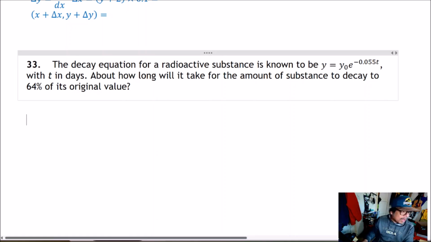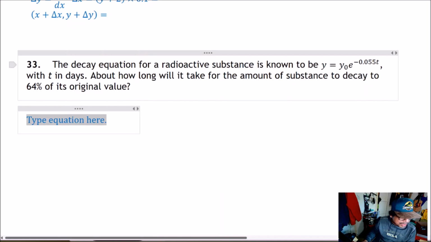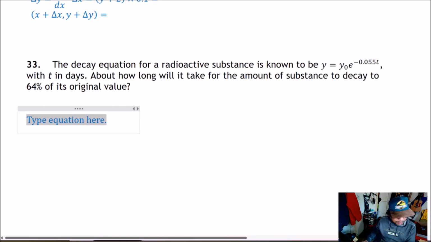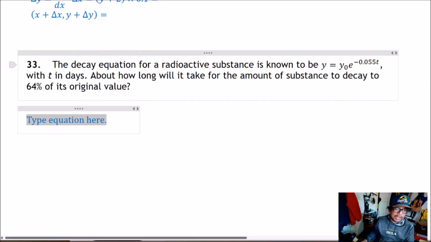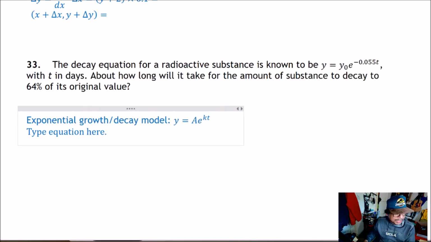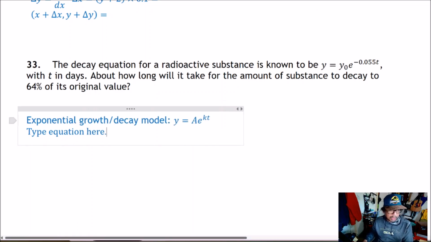Now, when a substance is at 64% of its original value, and its original value is y naught, maybe that's the thing we should be saying. In this equation for an exponential decay model, we really should say exponential growth and decay model. The exponential growth and decay model, we've got y equals a e to the kt.